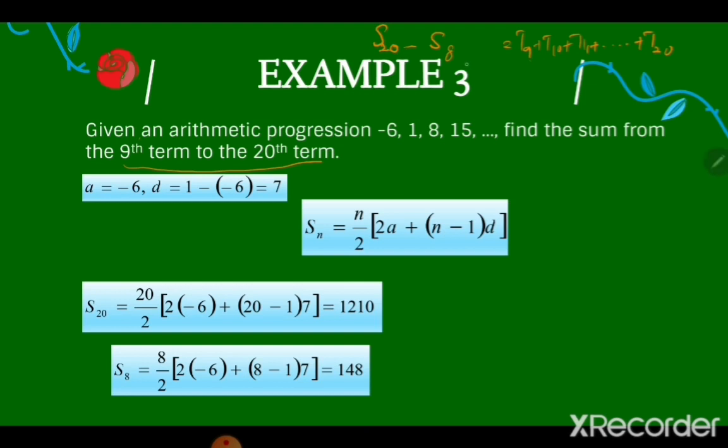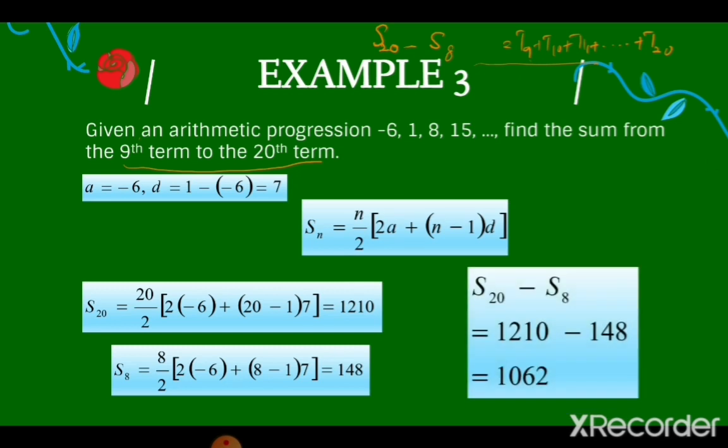So we have S8 is 148. So what is the total sum from the 9th term to the 20th term? The total sum is 1062. Easy, simple. Next.